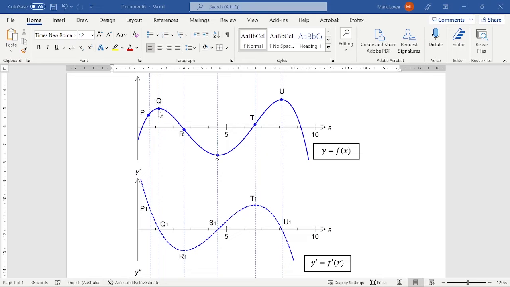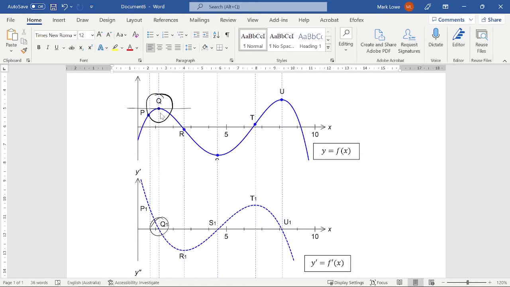So we can see at this point here we have a local maximum turning point. And so we know that the value of the gradient, and hence the derivative at our stationary point here, is 0, because if we were to draw a tangent, we have a horizontal line. That corresponds to this point down here on our first derivative, where it's equal to 0.